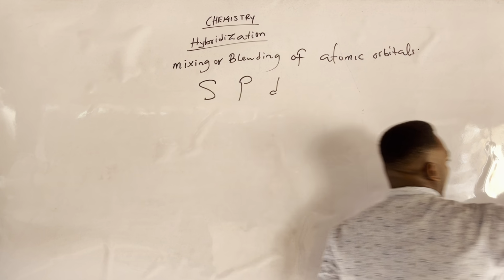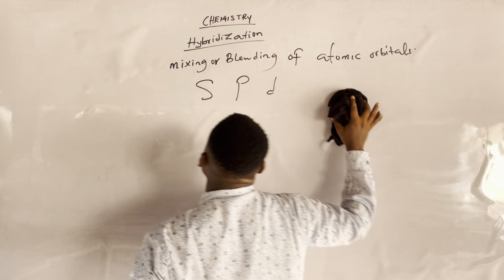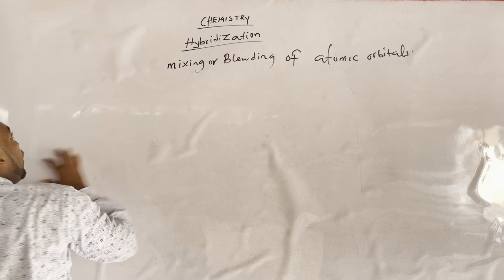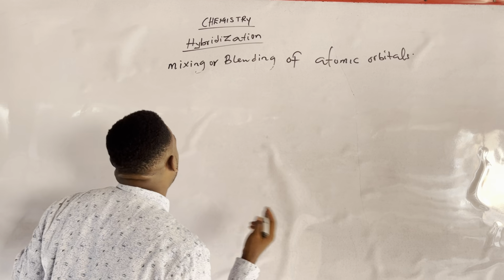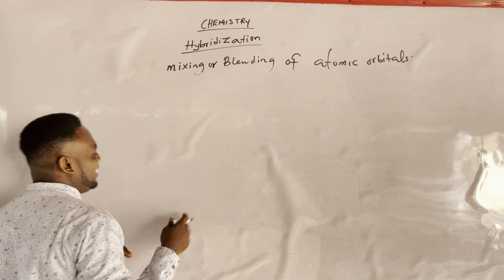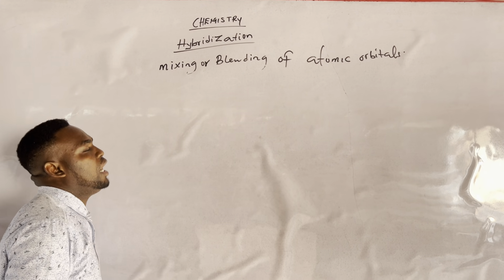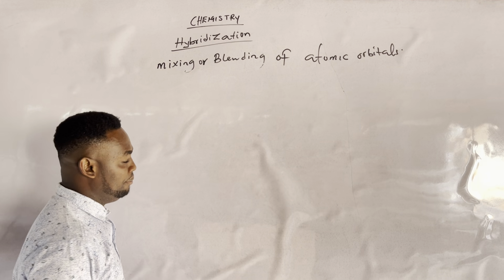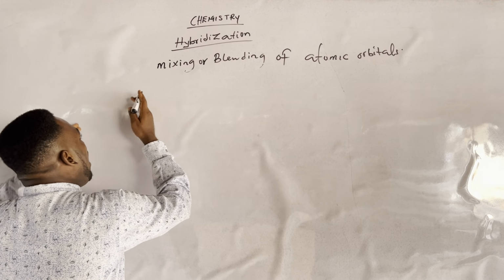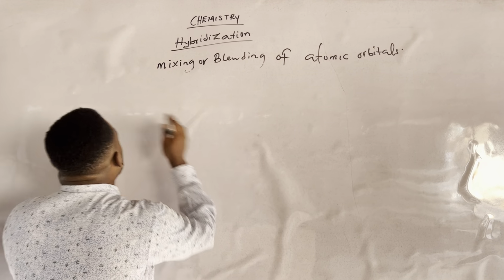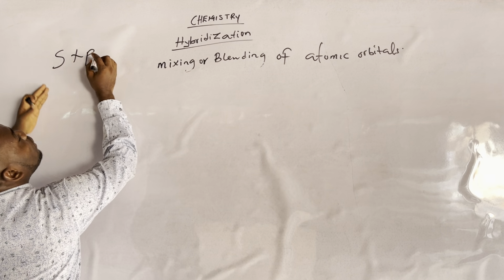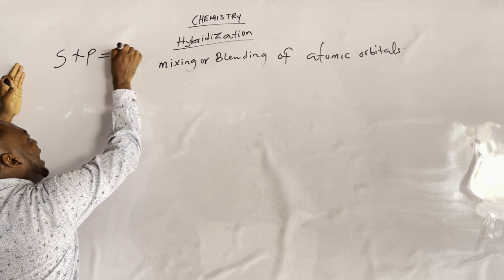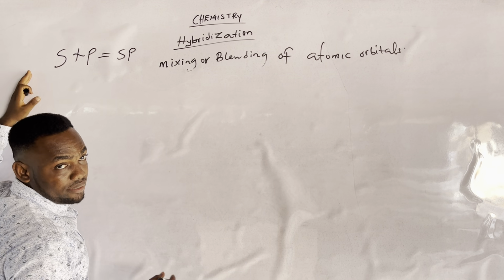So moving on now, class, it is important I tell you that for inorganic chemistry, we have the following hybridizations, what you're going to meet in the exam. When we blend S with P, if you blend it together, we are going to have sp hybridized orbital.